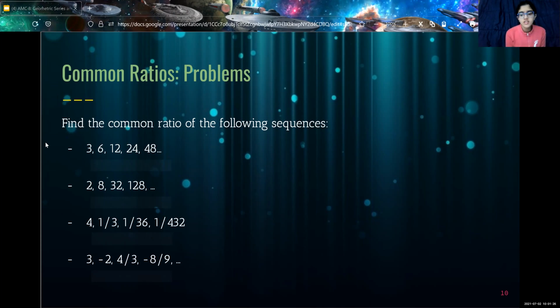In the chat, I only see 2 people participating actively. If you're not participating, I do not know why, because we aren't doing complicated stuff right now. We're just finding the common ratio, right? The common ratio is just what we multiply one term by to get the next term. So you should just be able to use simple division to get the answers.